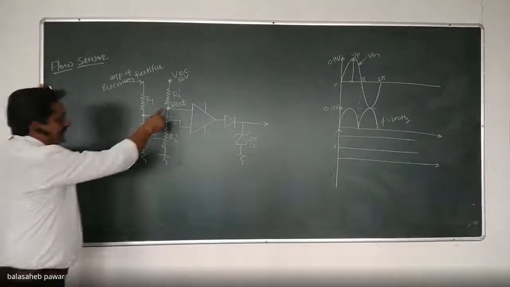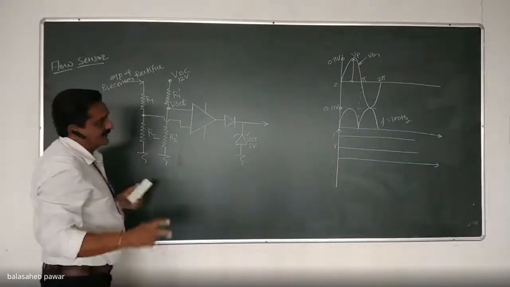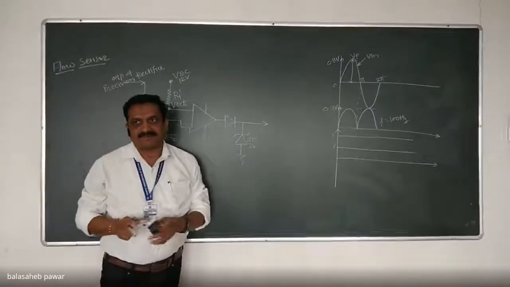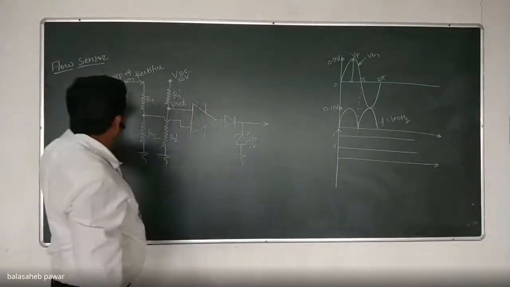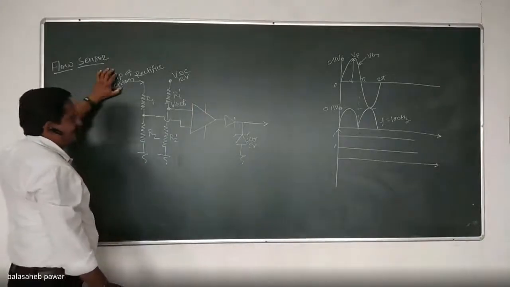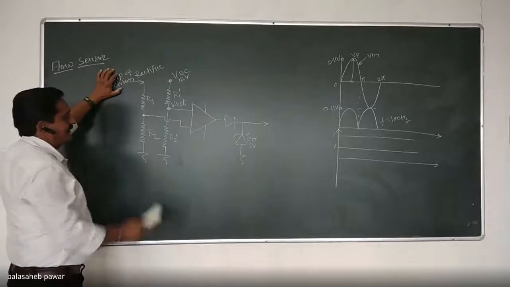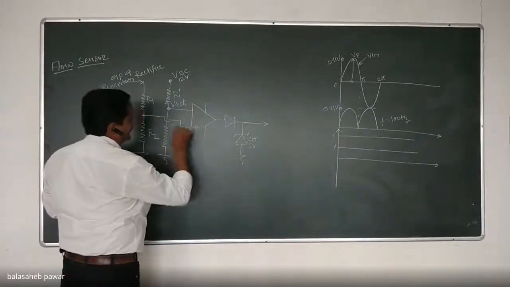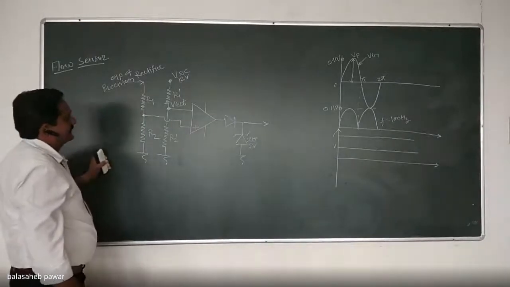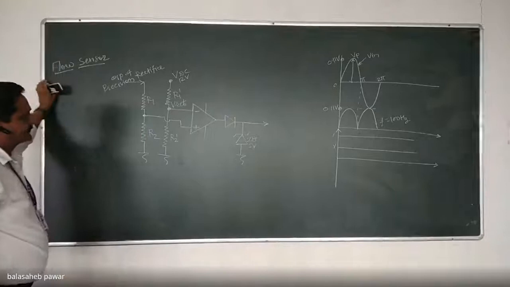Accordingly, we'll take the reference value, and whenever it goes to 12, because there are only two chances in this case, it will be either 0.11 volts or 12 volts. Whenever it goes to 12 volts, at that time the output of our op-amp should be positive, otherwise it should remain negative. And hence, I will prefer here the non-inverting terminal for the sensor and this one as inverting. Is it okay?